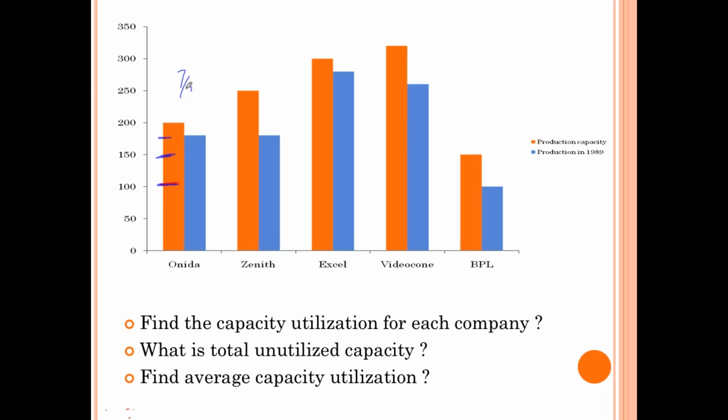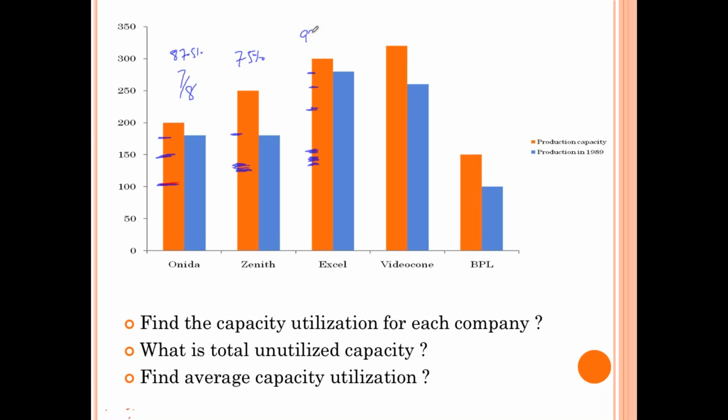This is 7 by 8, right? This is half. Approximately this is half. Now this is half. So this is approximately 75%. This is approximately 87.5%. So this is half, and then this is half, then this is half, and then this is half.